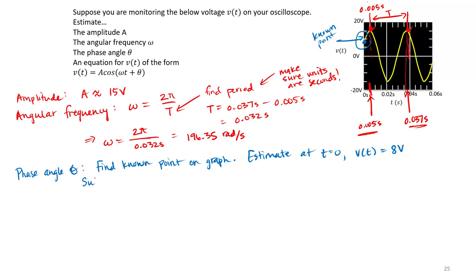You can substitute my point, t and V of t, into our equation, V of t equals A sine omega t plus theta.